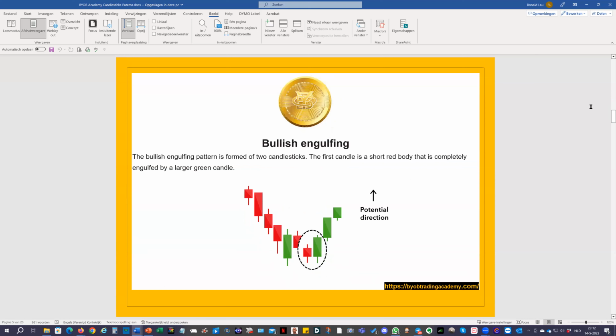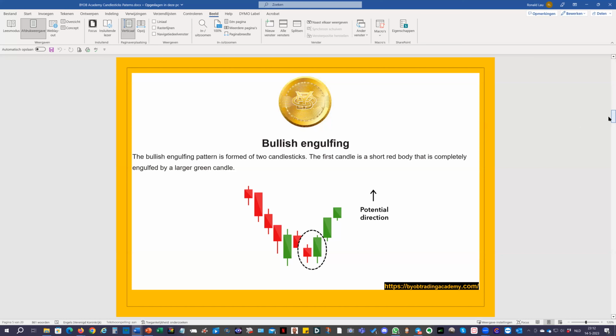Now we have a bullish engulfing. So we're staying with the bullish for now, and then we will look at the bearish. So what we have here is a bullish engulfing. It's formed, as you see at the bottom with that circle. You see a green candle which is much bigger than the red. So the first candle is a short red body, and the green candle is as though it swallowed up the red candle.